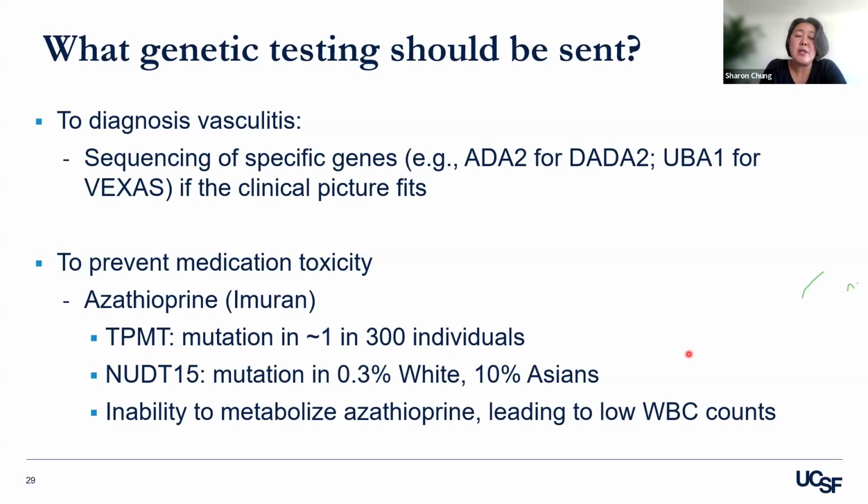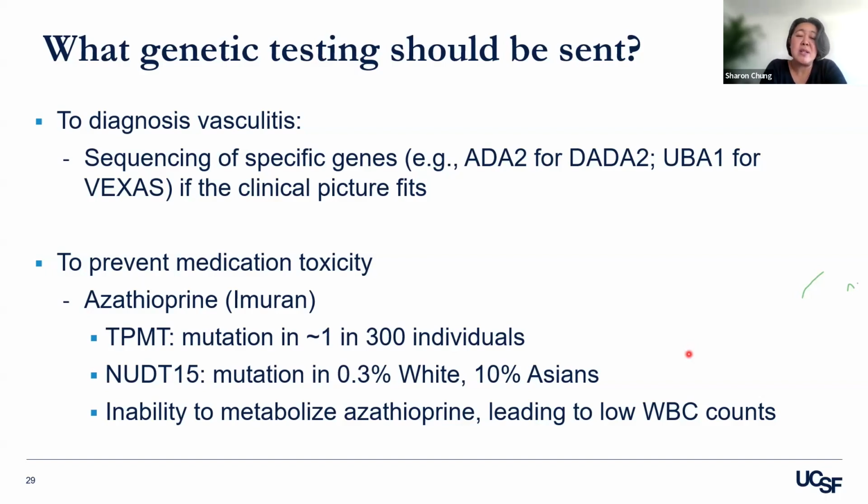We know from prior studies that there are two genes. One of them is called TPMT, and the other one is called NUDT15. These genes code for proteins which help break down azathioprine. And a small proportion of individuals have mutations in these genes such that the enzymes don't work very well and the azathioprine is not broken down.